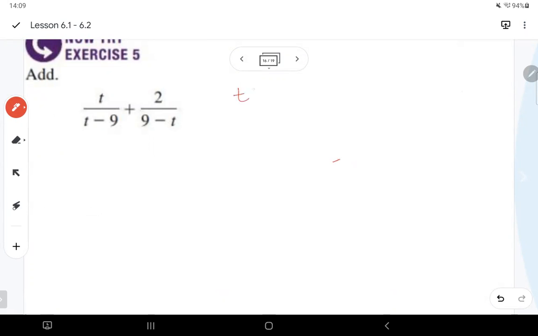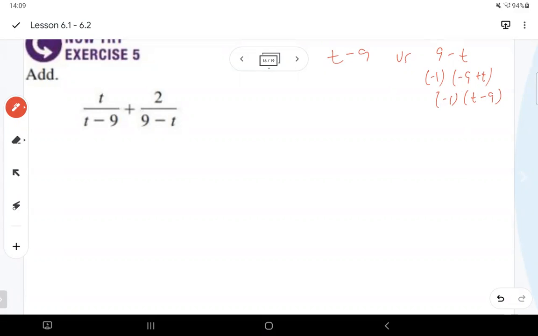T minus 9 compared to, actually, let's move that up to here, versus 9 minus t. 9 minus t is just a -1 brought out. So these are the same, it's just one has a -1 in the front.